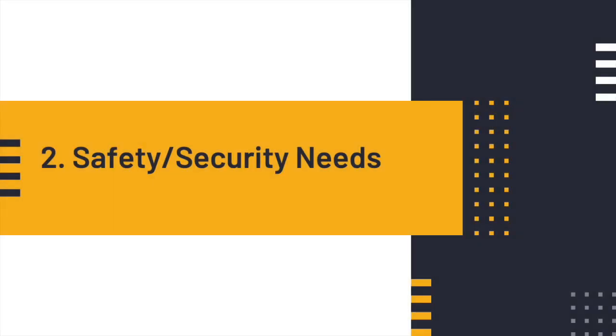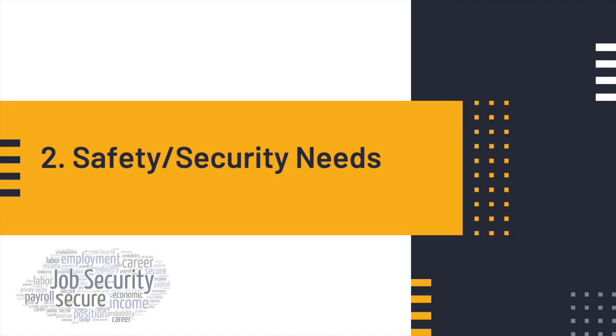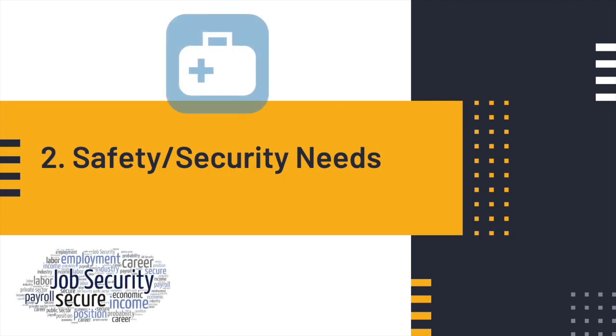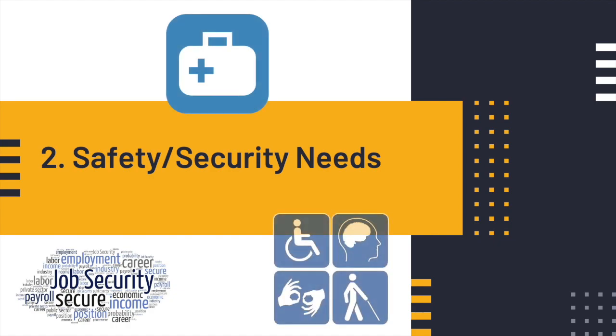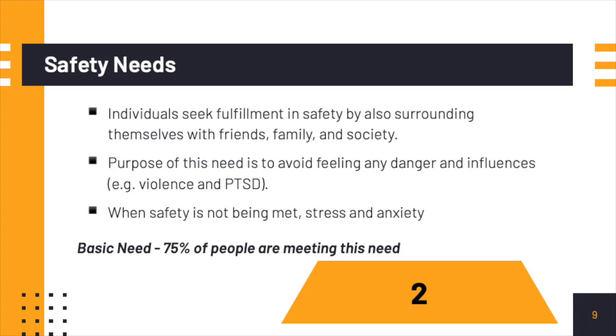The second need is safety and security. This can include anything from job security, health and wellness initiatives, disability, and work accommodations. So all of these are basic needs as well, but they can only be fulfilled when your physiological needs are fulfilled.